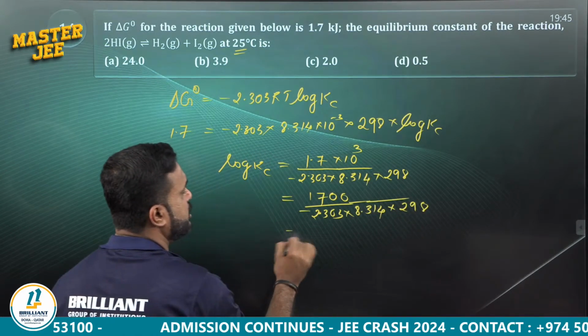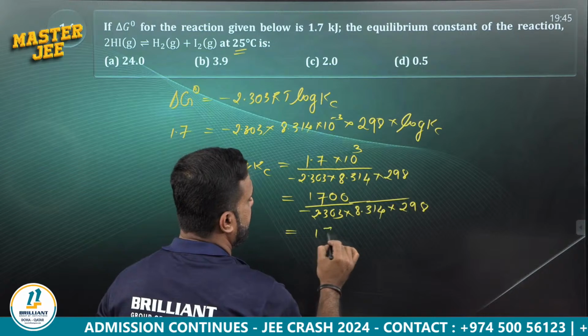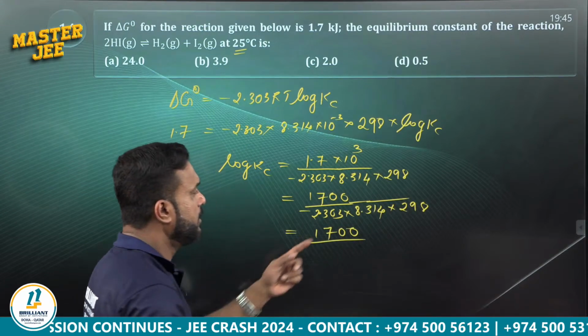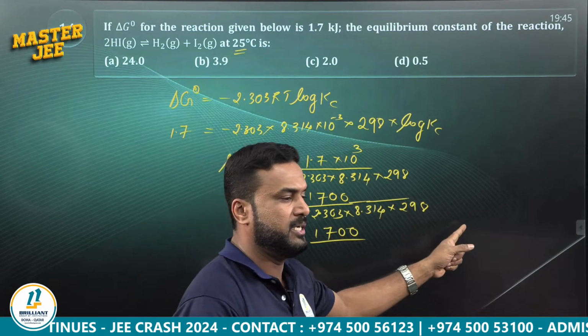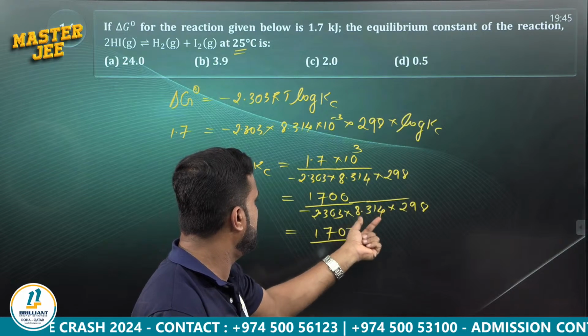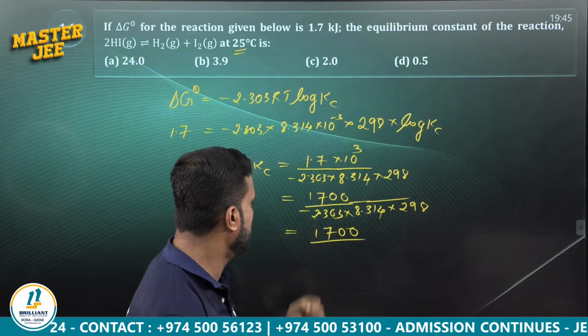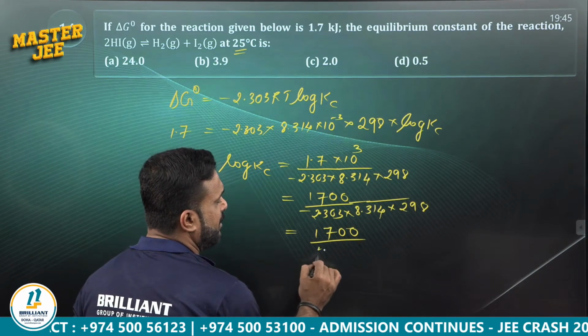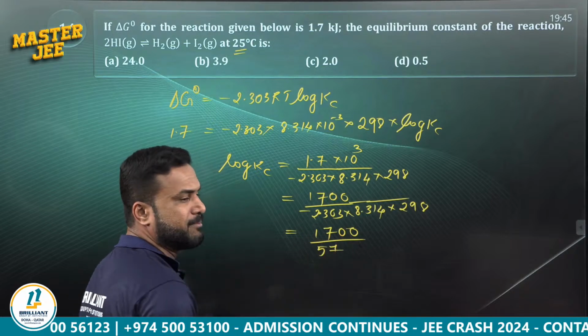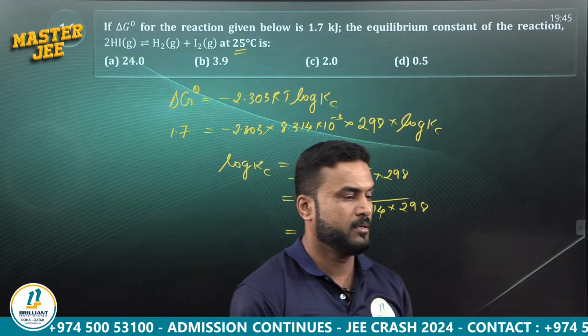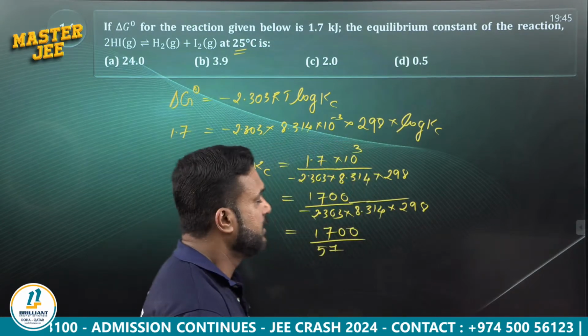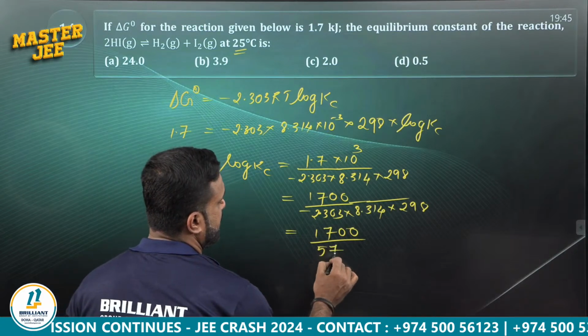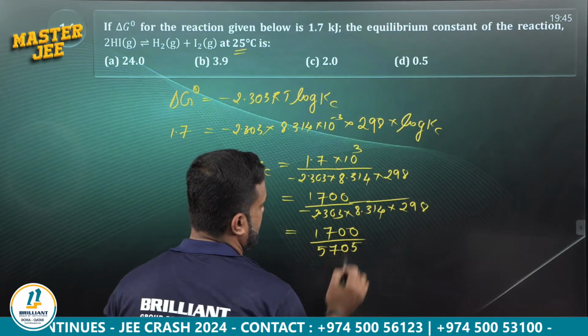Just multiply the denominator values. 298 is approximately 300, so 300 into 8.314 into 2.303 gives approximately 5,700 something.